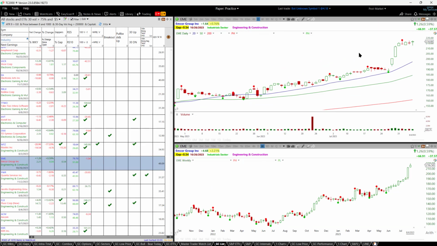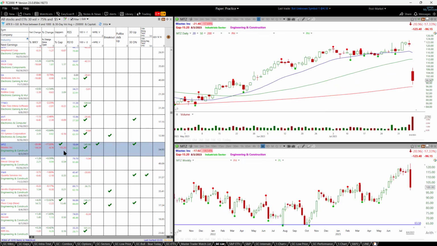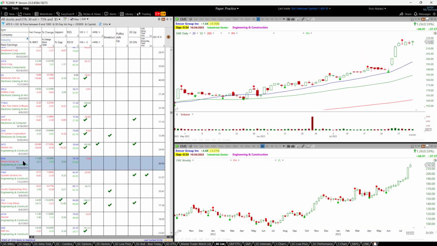Wow, that one held up really well. So this one reported earnings, and that gapped down. So it wasn't an industry-wide negativity. It was specific. This one's a bit extended in doing well. It doesn't report earnings until October.